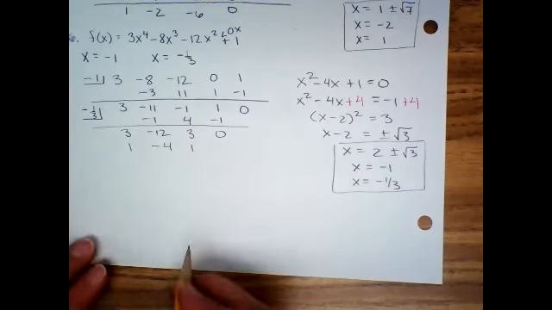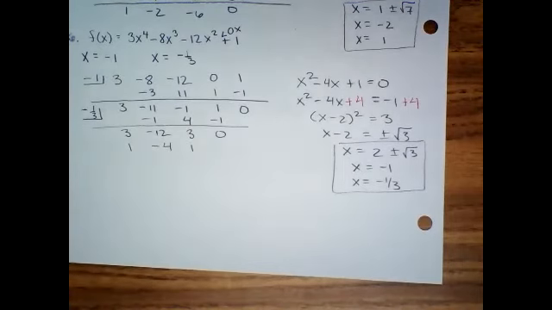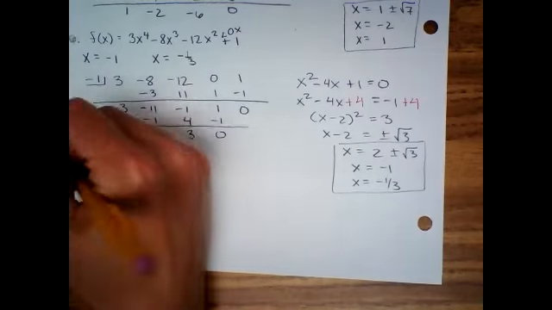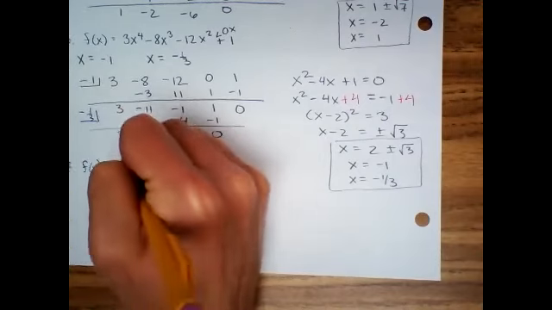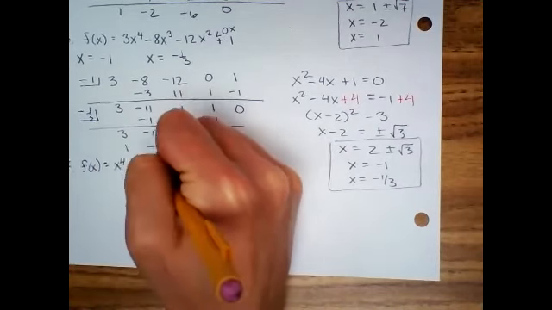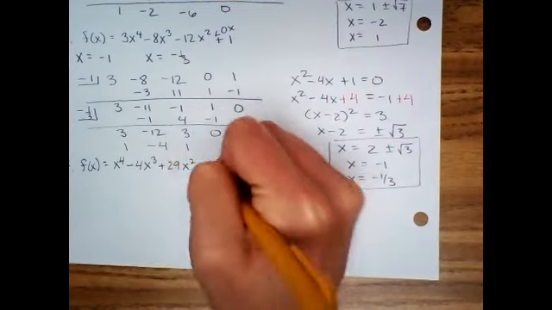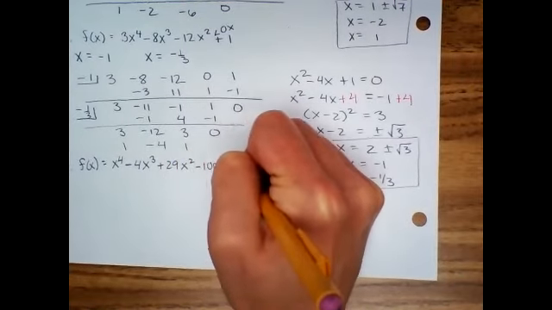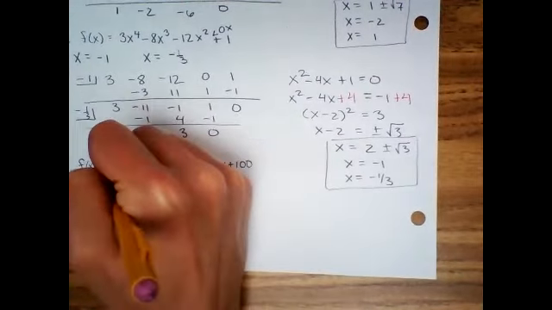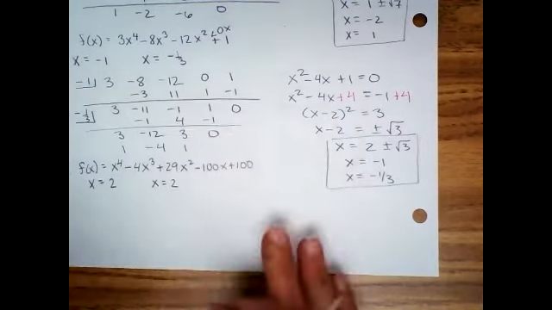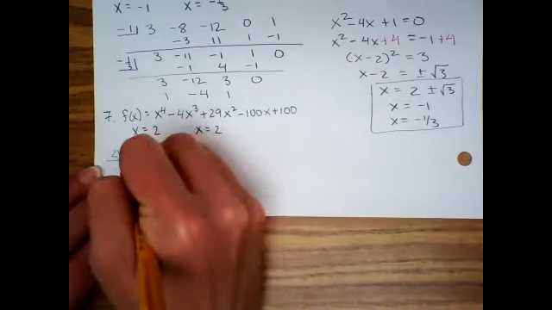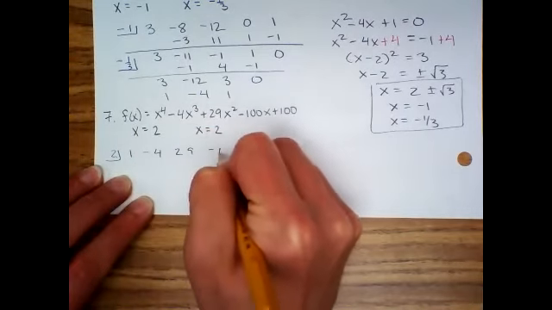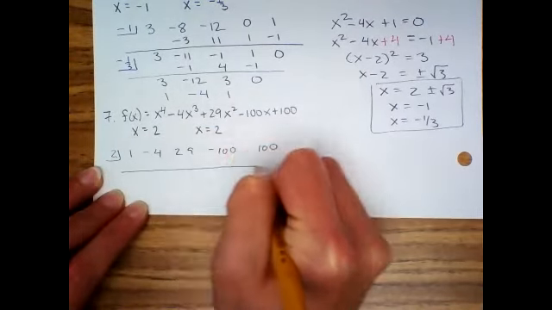All right, we're going to do one more. We're going to put 2 in the little box off to the side. The remainder will come out to be 0.